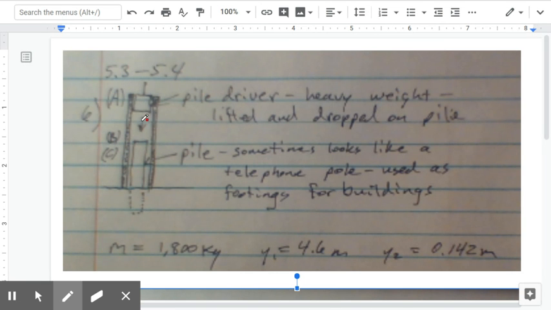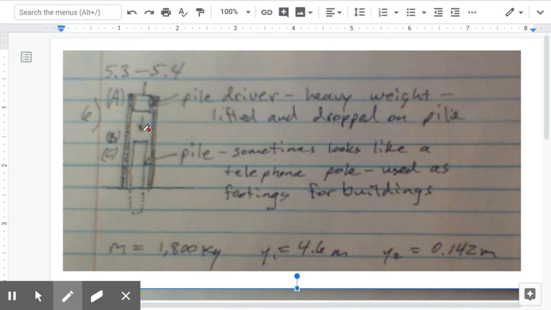So the total distance it's going to fall is 4.742 meters. We're going to call this spot where it finally ends our zero spot. So when we're calculating the potential energy, the total distance it's falling is 4.6 plus 0.142.